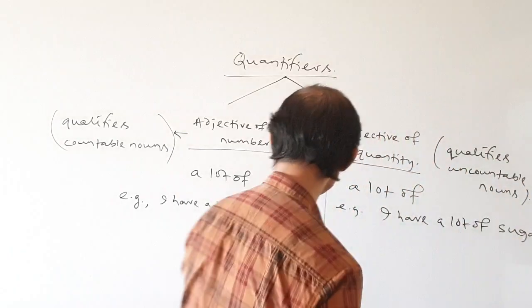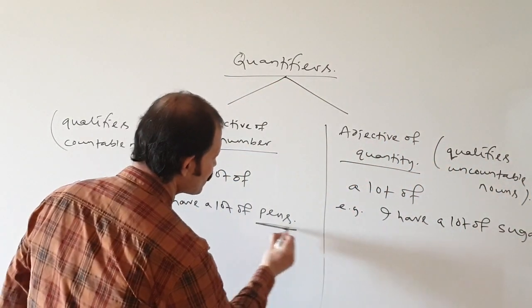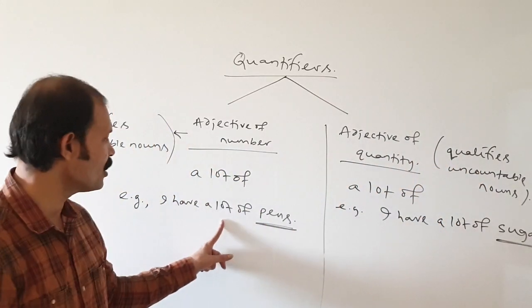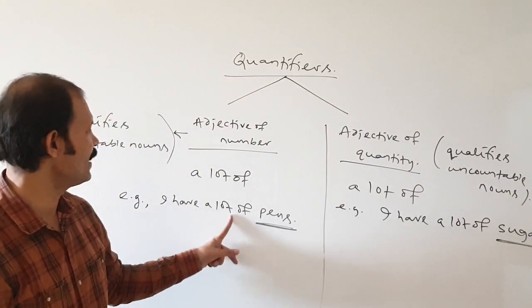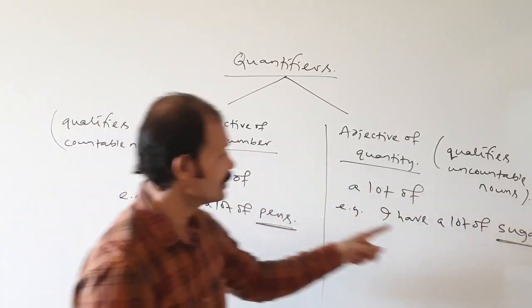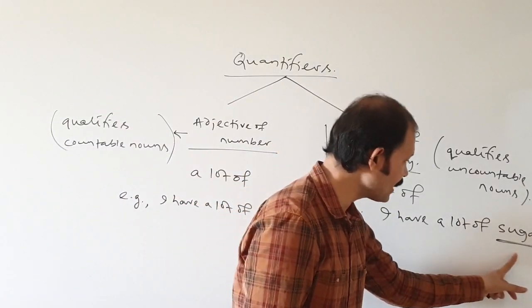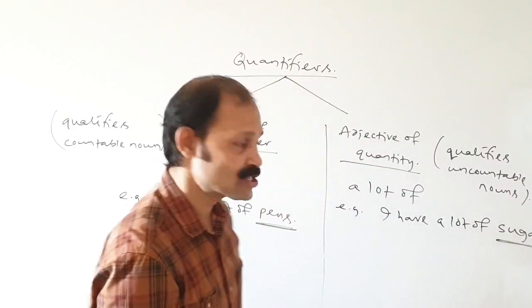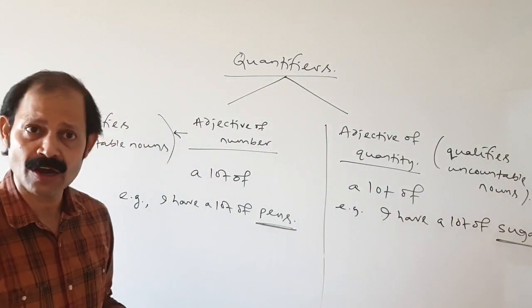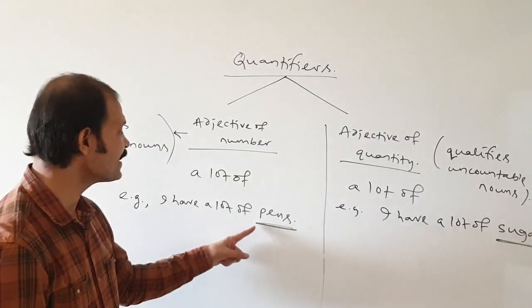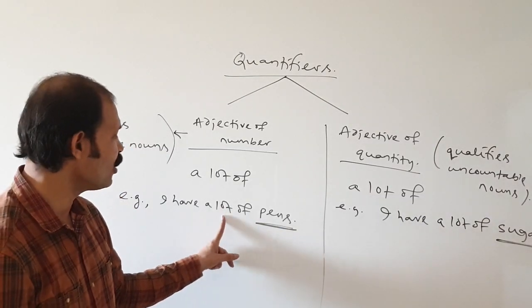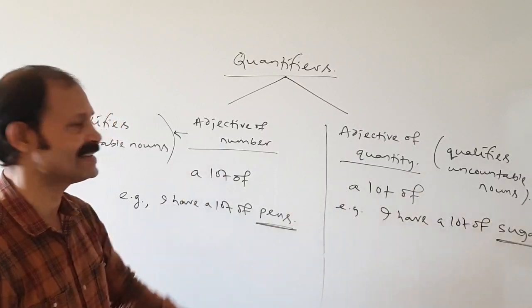Here the noun is a countable noun, here the noun is an uncountable noun. Because a lot of describes a countable noun, a lot of is adjective of number. Here a lot of describes an uncountable noun, that's why it is adjective of quantity. So the word may be the same, a lot of, but depending upon what it is really qualifying, accordingly it will be called.